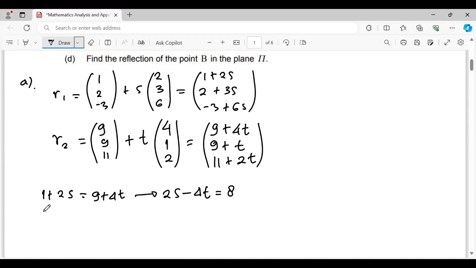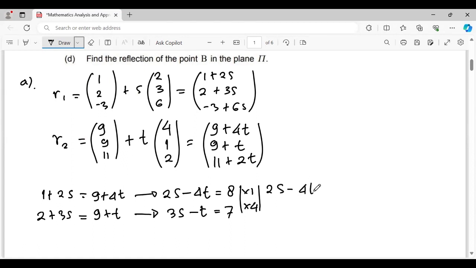And the second is 2 plus 3S equals 9 plus T, and it becomes 3S minus T equals 7, because 9 minus 2. Now we're going to find S and T. I'm going to eliminate T, so multiply the second by 4. 2S minus 4T equals 8, and 12S minus 4T equals 28.